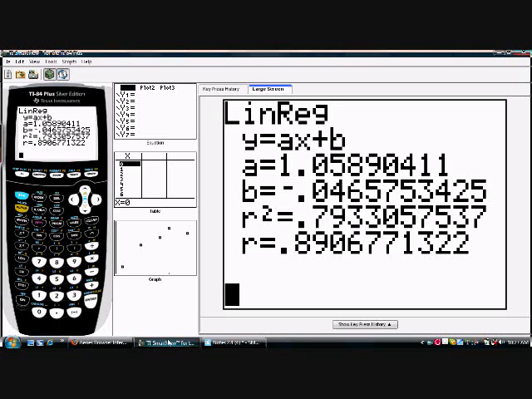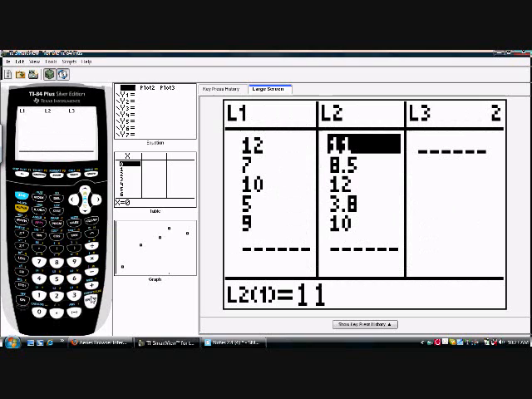This was 0.54. Let's check your data. In my X list, I have 12, 7, 10, 5, 9. My Y list, I have 11, 8.5, 12, 3.8, and 10. Hopefully it's just a typo.